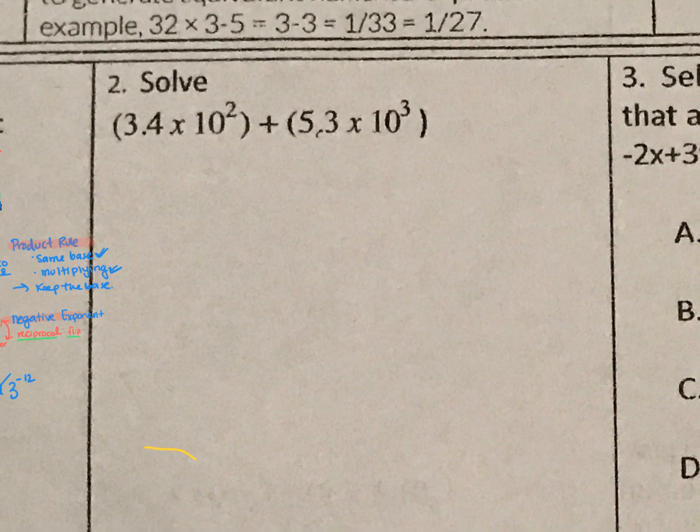Okay, scientific notation. Okay, this is called scientific notation, and we talked about how scientists use this to show really, really big numbers or really, really small numbers. Now, remember, keep in mind, a positive exponent means big, right?